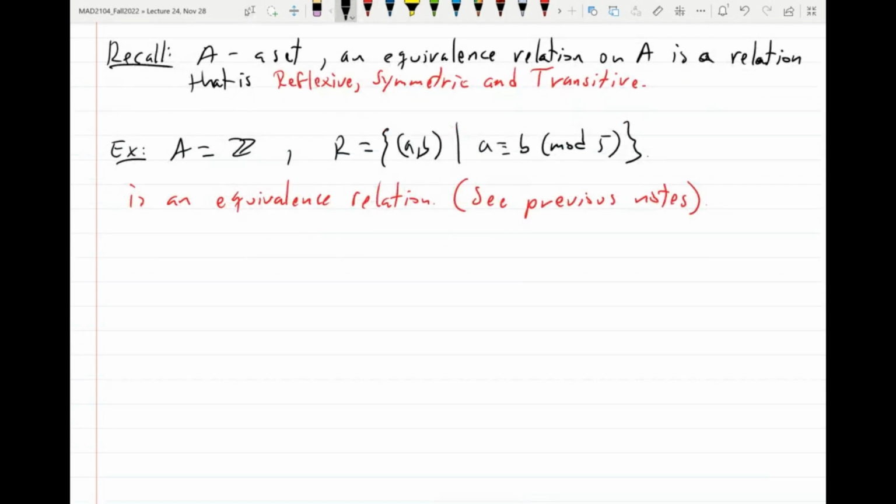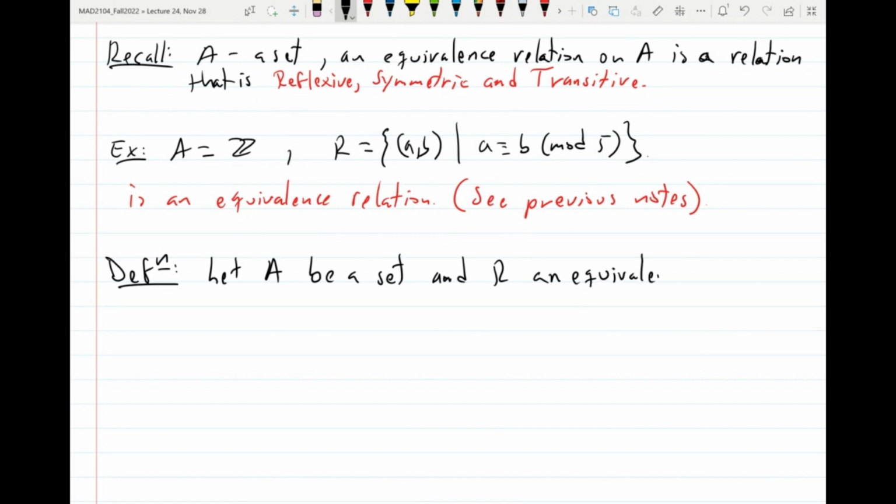Okay, so, definition. Let A be a set, and R an equivalence relation on A. Now, let little a be an element in A. So for each element in A, we can talk about the equivalence class of the element a.